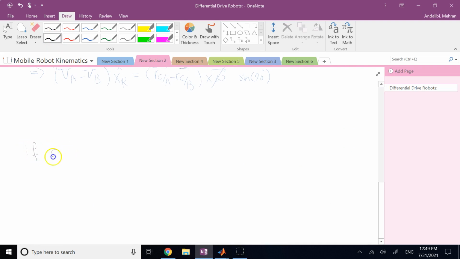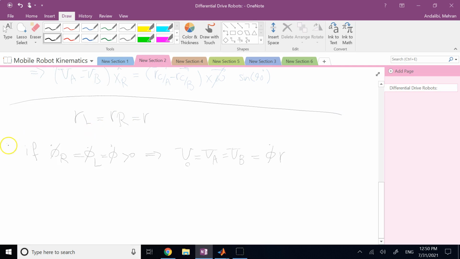If phi dot right equals phi dot left and they are both positive, it means V of the centroid is going to be the same as V tire A, the same as V tire B, which is equal to phi dot times R, where these two are equal to the same phi dot, and the radius of left and right here, we assume they are the same radius.